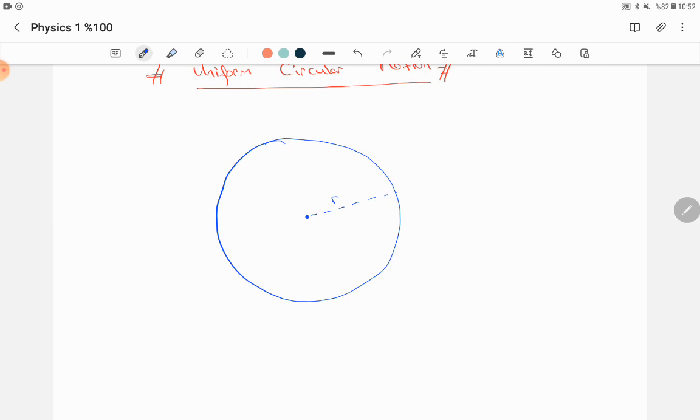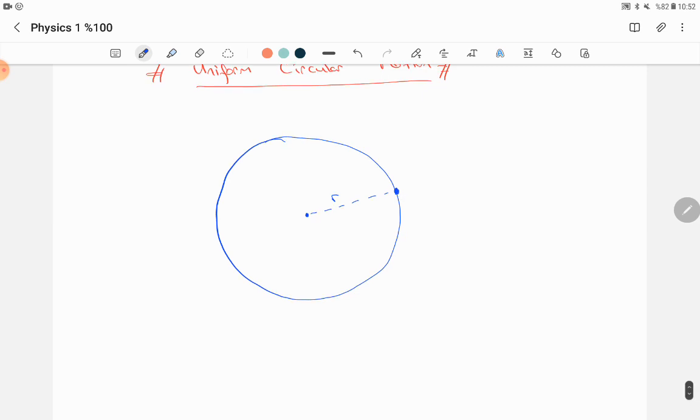And there is an object moving on this circle with a stable velocity.